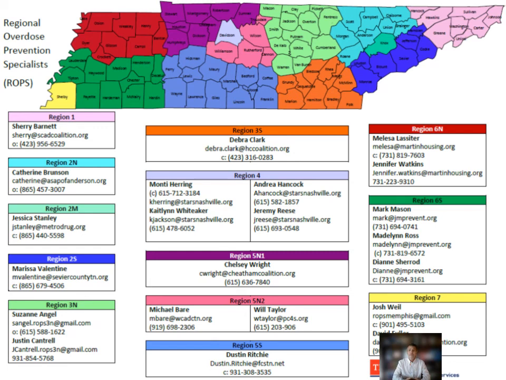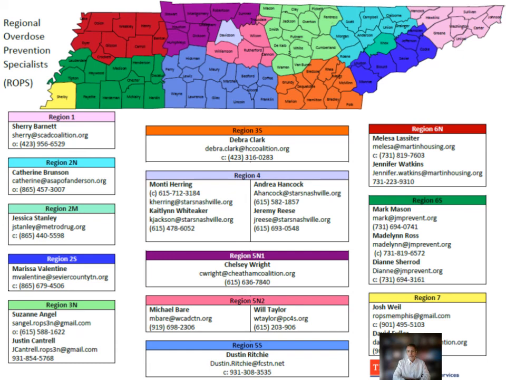They also are very well connected in the community, and they are aware of all of the resources the local community has to bear to help people access treatment, access recovery, and start that recovery journey. So regardless of ability to pay and insurance status, these regional overdose prevention specialists can lead patients to care, whether it be through Metro Drug Coalition, Helen Ross McNabb, other agencies in the local community.